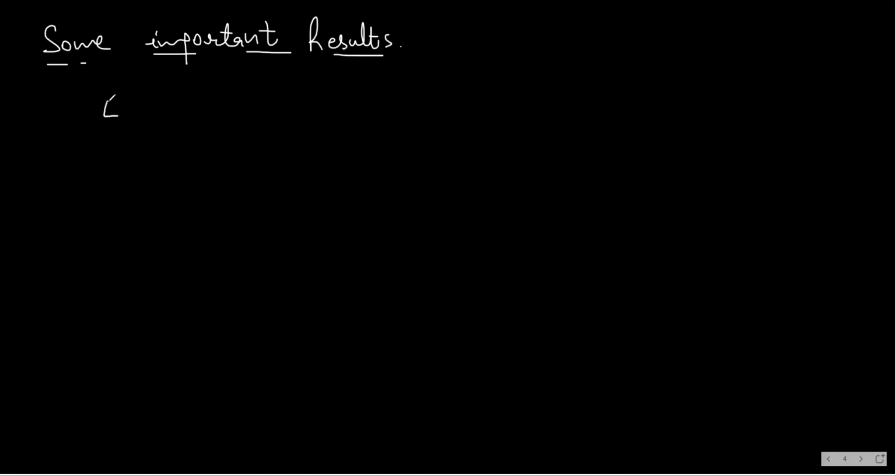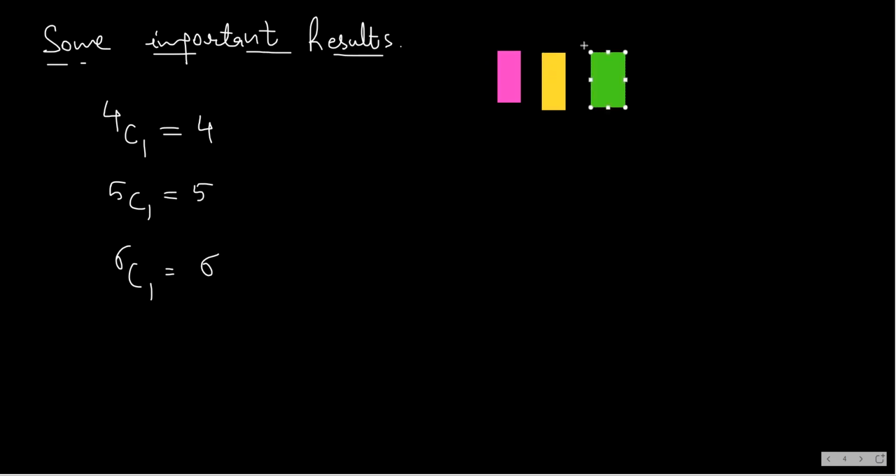Suppose I have 4C1. Remember 4C1, 5C1, 6C1: every time you have r value 1, it is equal to the total number of given objects. This is 4, this is 5, this is 6, and it's very simple to understand. See, if I have here 4 objects, one is pink, yellow, green, and blue.